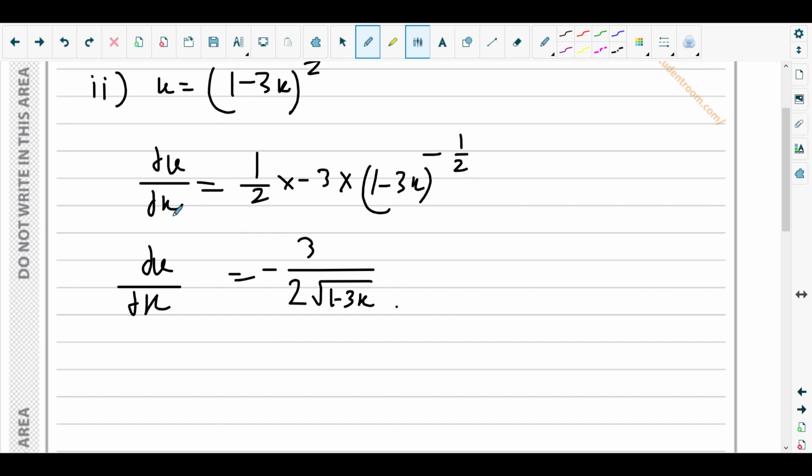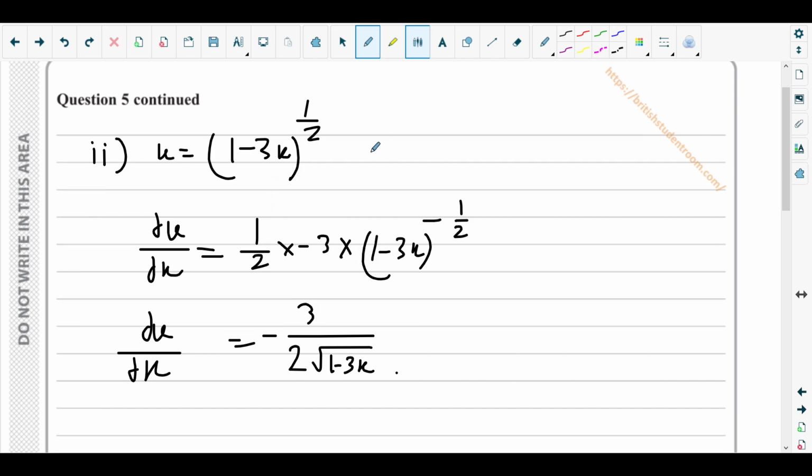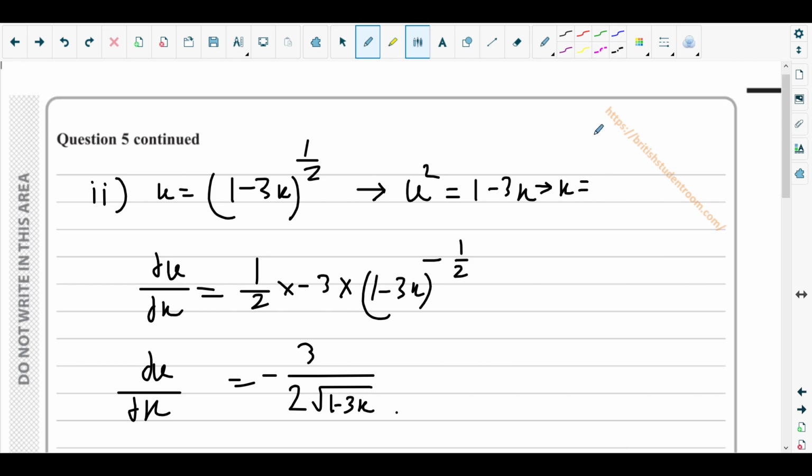Now consider again u equals square root of 1 minus 3x. If you square both sides, u squared would be 1 minus 3x. From there, if you make x the subject, what do you get? You get 1 minus u squared over 3.